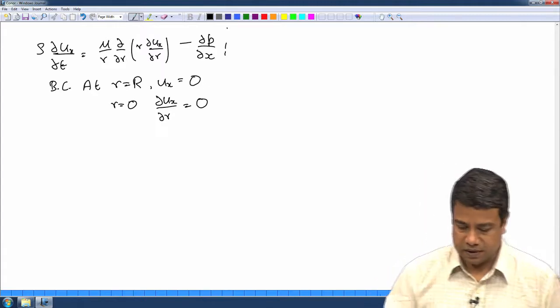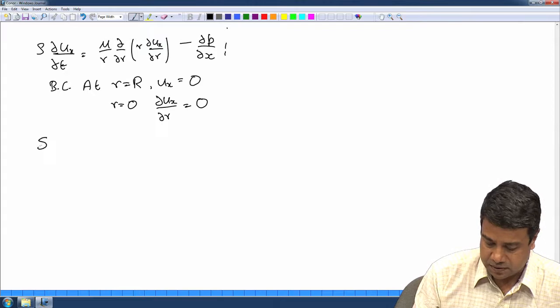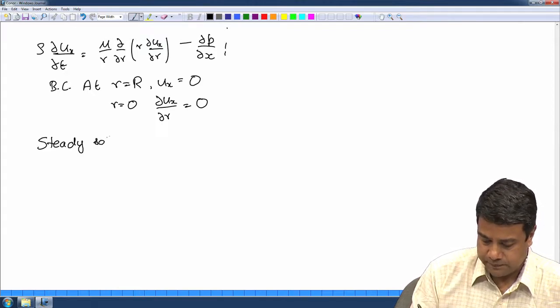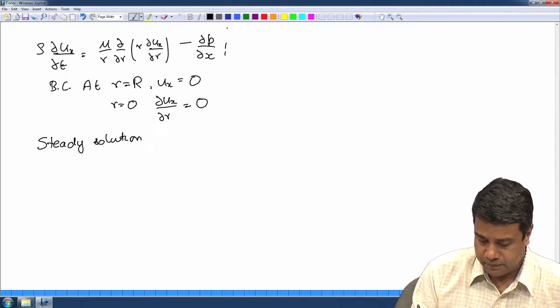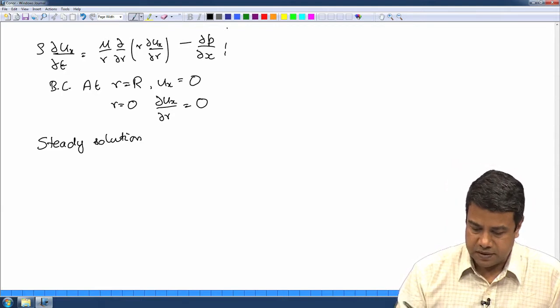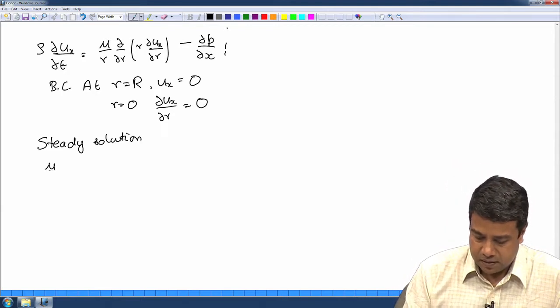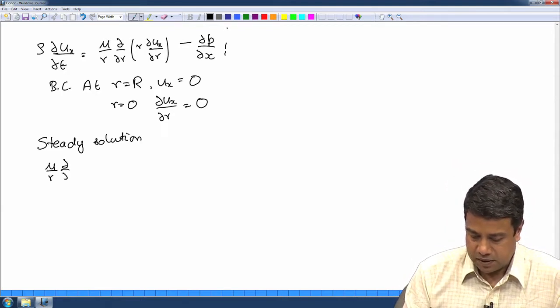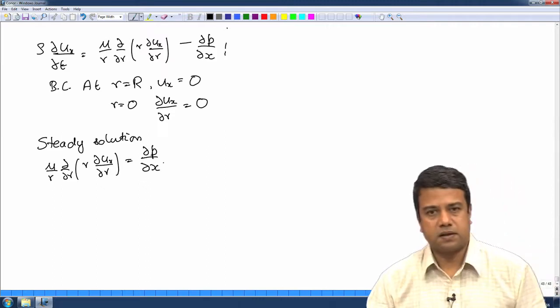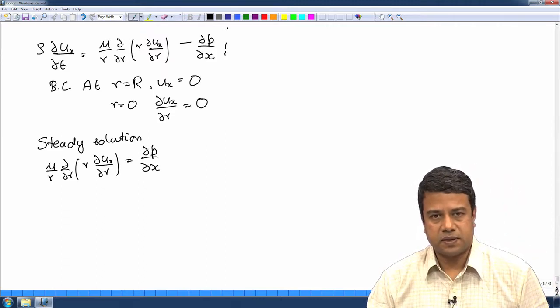First, of course, we will take the steady solution. In the steady solution, the time derivative is 0. So, I just get mu by r d by dr of r partial ux by partial r is equal to dp by dx. So, that is the equation at steady state.